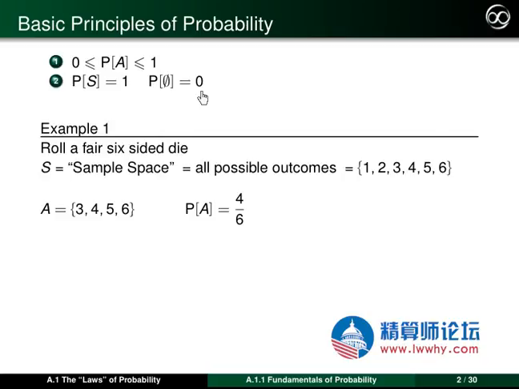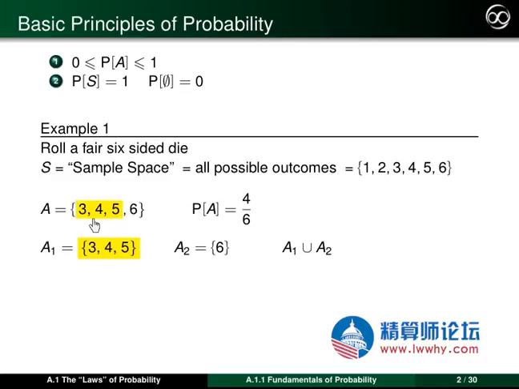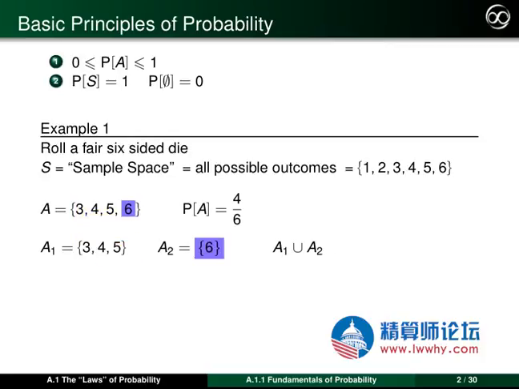To change that, we want to talk about how we can combine or potentially split up events. So instead of having A be the event I roll a 3 through 6, I'm going to let A1 be the event I roll a 3, 4, or a 5. I'll let A2 be the event that I roll a 6. What is the union of these two sets, A1 and A2? Well, A1 is the numbers 3 through 5, which I highlighted in yellow, and A2 is the number 6, which I'm highlighting in blue.